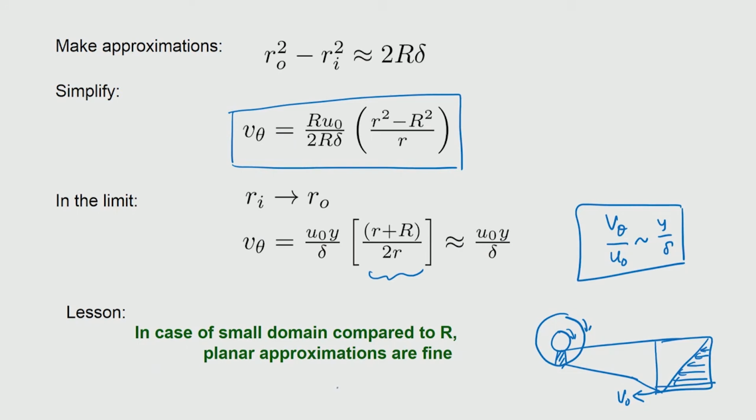Which means that in a situation where you have got a very small gap between the two cylinders compared to the diameter of either the inner or the outer cylinder, then the cylindrical problem can be reduced to a planar problem. So for small domains this is applicable.